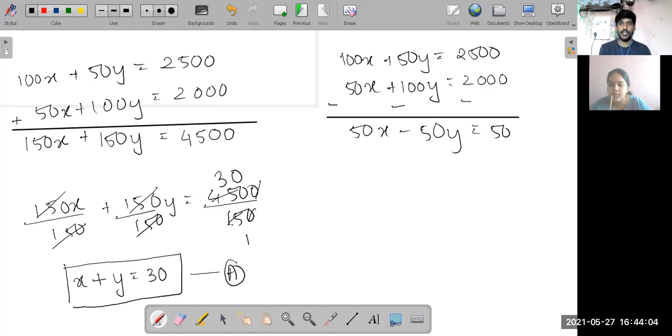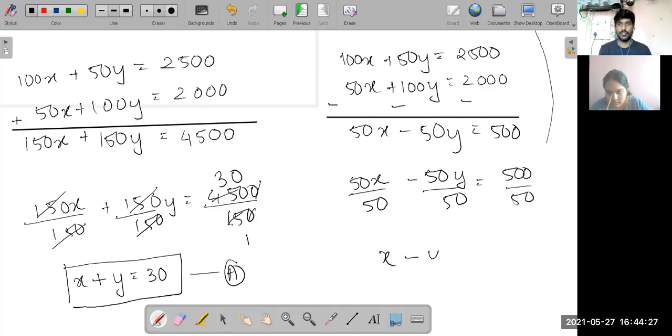Divided by 50 only. So can you tell me directly what will you get after dividing by 50? x minus y equals 5.